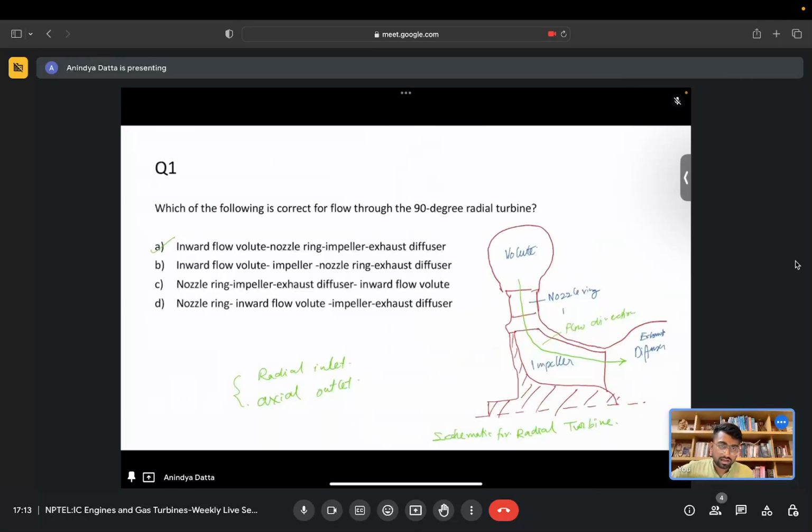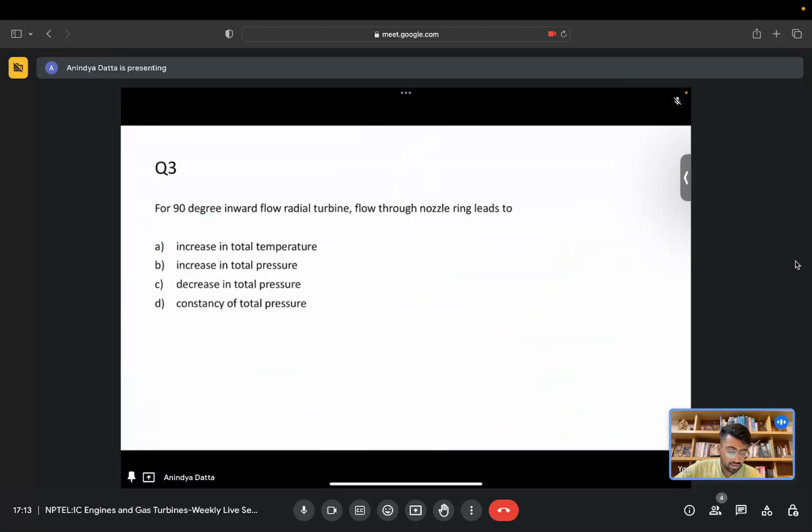For a 90-degree radial turbine, this is our nozzle ring. The nozzle ring is placed upstream of the impeller. Through all the discussions we have done on turbines and compressors, we have seen that there is no work or heat interaction happening in nozzles and diffusers, right?